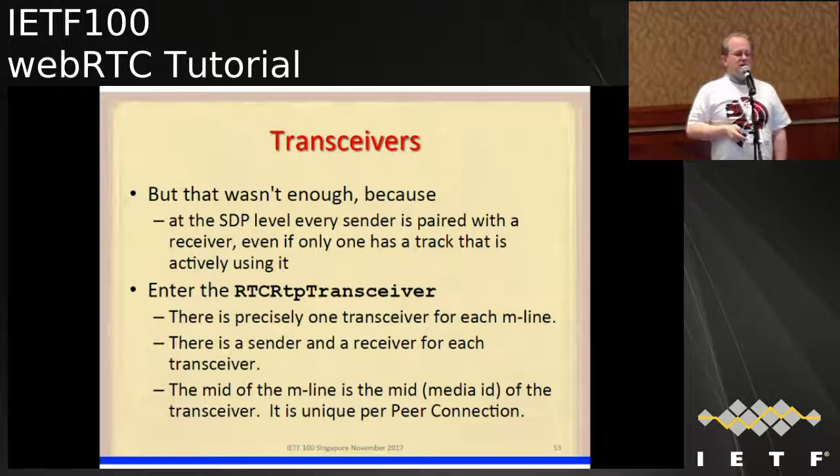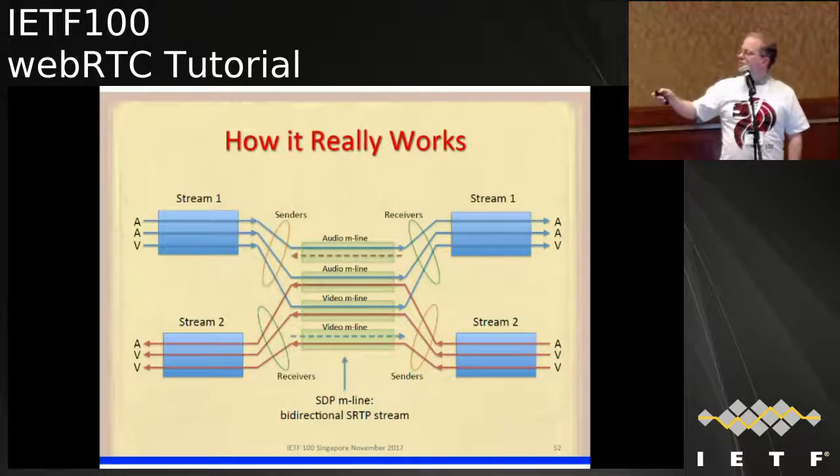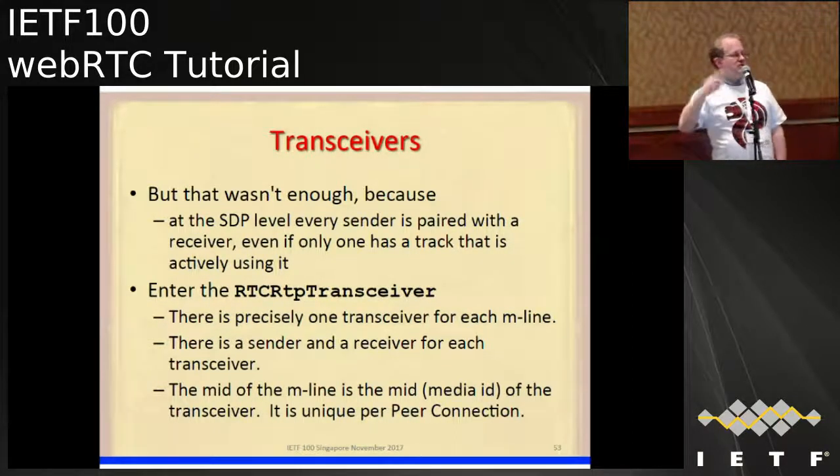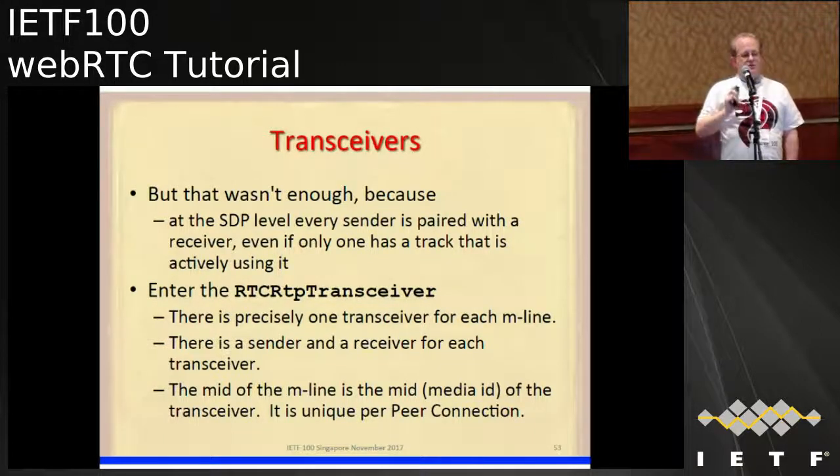Now, it turns out that wasn't enough, and that's because at the SDP level, every sender is paired with a receiver, right? So when you look here, there's something being sent and something being received. Now, of course, it's possible that it's only flowing in one direction and not in both. Well, with transceivers now, for each browser, there is precisely one transceiver for each M line, and there's a sender and receiver for each of the transceivers.